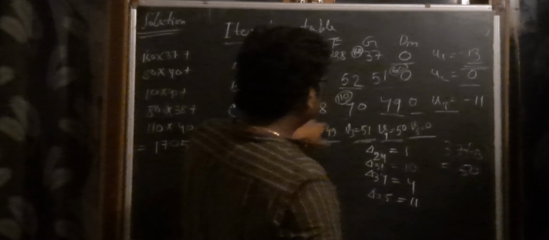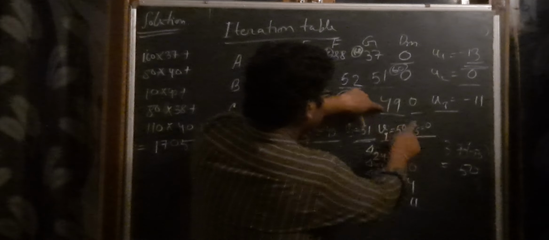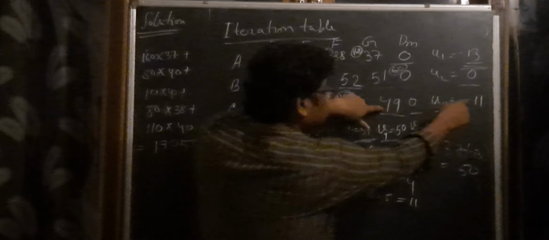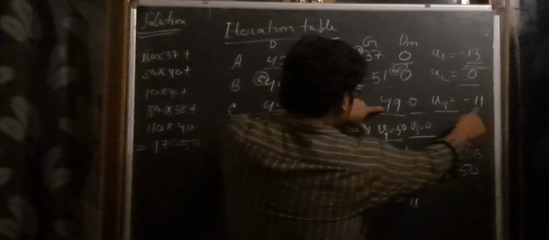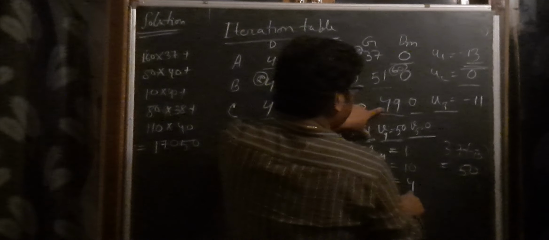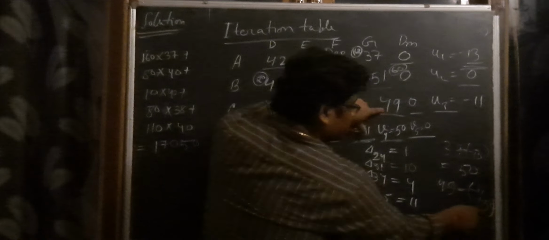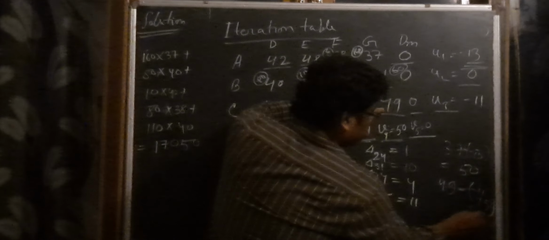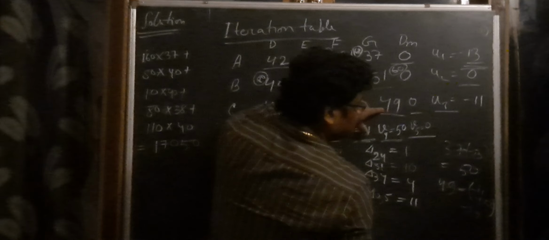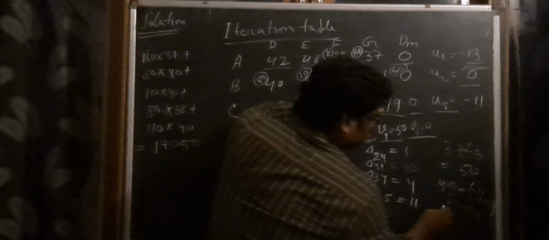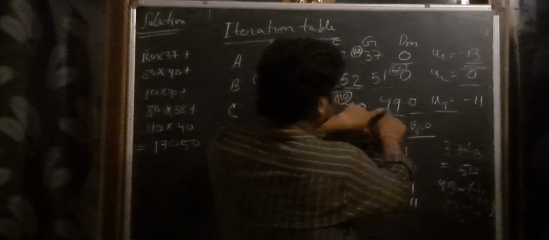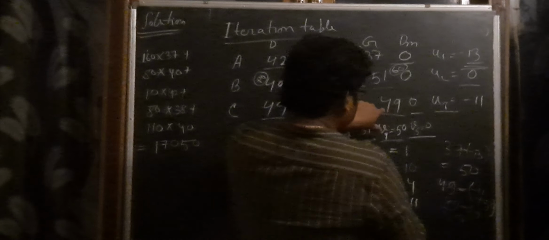And now here is another empty cell, so 49 minus 50 plus minus 11, so it will be 4. Then 49 minus 11 plus 50, 49 minus 39. So in this way, del 3 1.